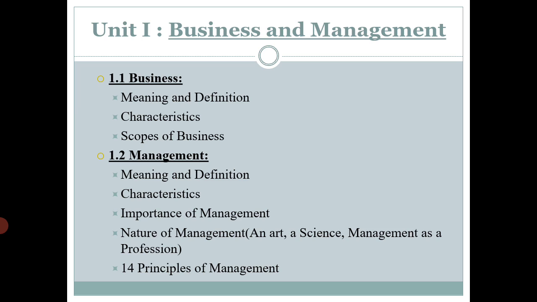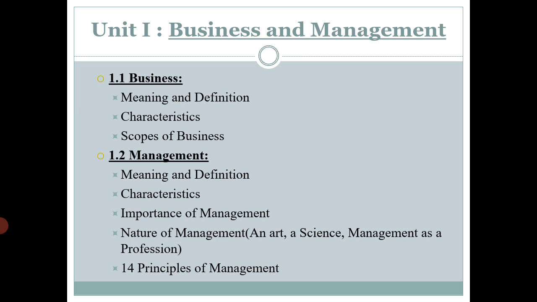remember what you mean by business, what is its definition, what are the different characteristics of business, and the scopes of business. Then what is the term management, what is its meaning and definition, what are its characteristics, what is its importance, and what is the nature of management.